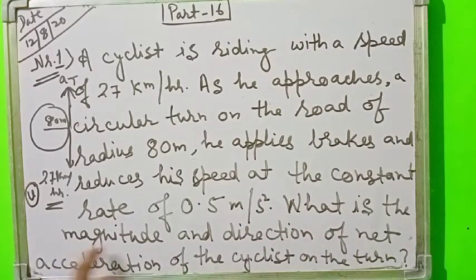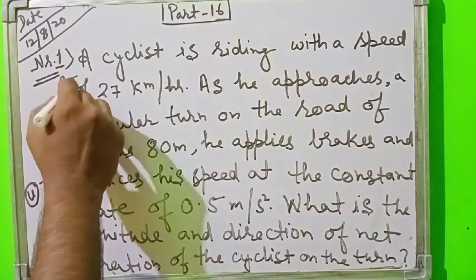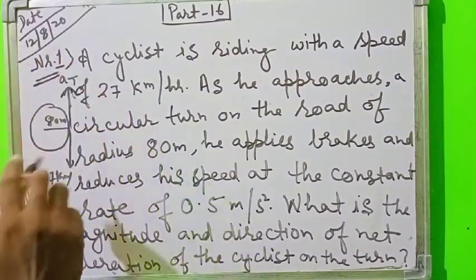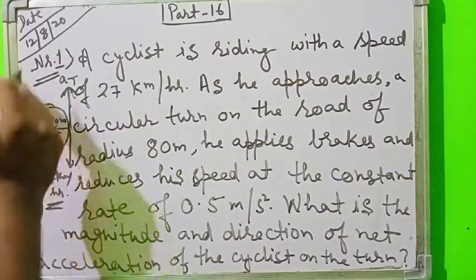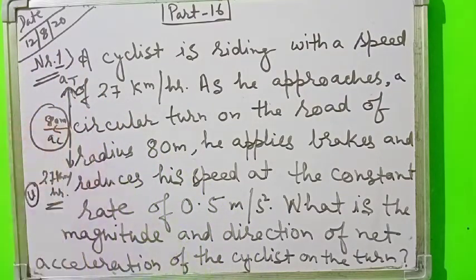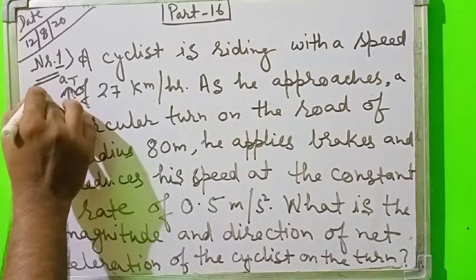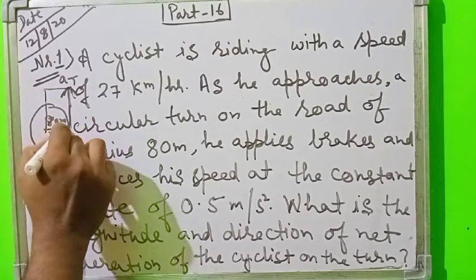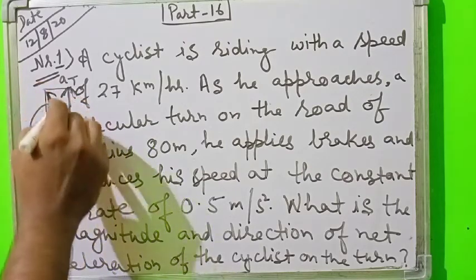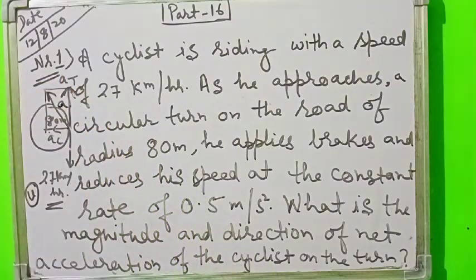Then what is the value and direction of the net acceleration? Look here, students. This is the tangential acceleration on applying the brake, and since it is a circular track, there is a centripetal acceleration also. We have to find the centripetal acceleration, and then the resultant of both accelerations will give the resultant acceleration.